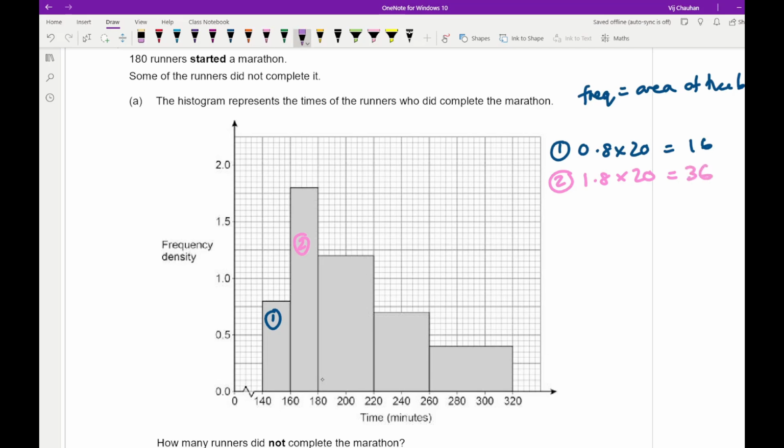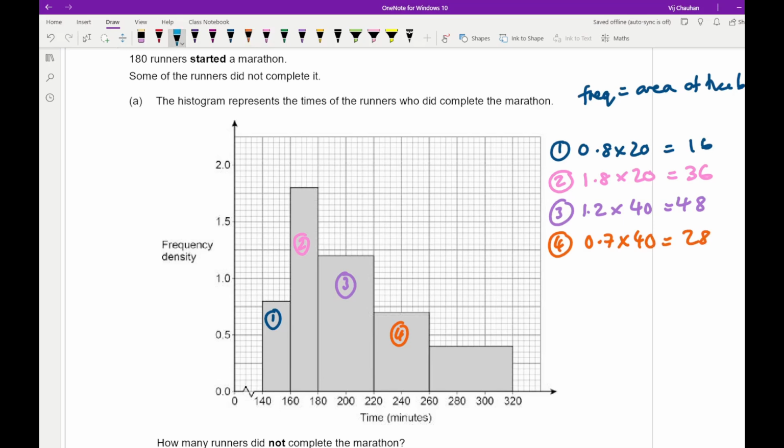For number 3, the height of the bar using the scale is 1.2, and we multiply that by the width, which from 220 to 180 is 40, giving 48. For 4, the height is 0.7, multiplied by the width, 40 again, which comes to 28.